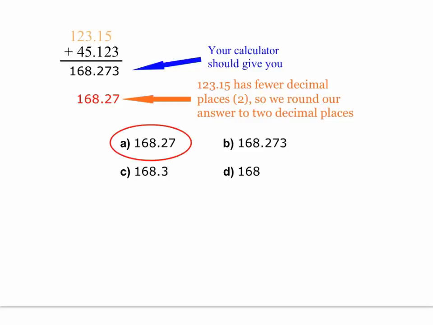And because I've already determined that the 123.15 with 2 digits after the decimal is the limit to my precision, I know I just need to take this number and round it to the second decimal place. And once again, the 3 is closer to 0 than it is to 10, so I just leave my final answer written as 168.27, which makes my answer choice A.